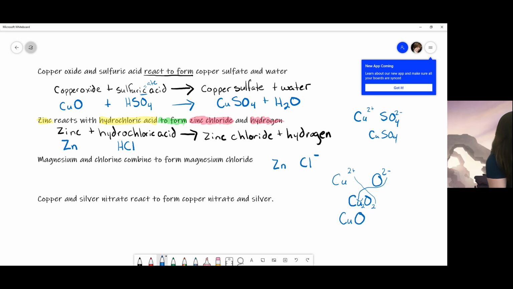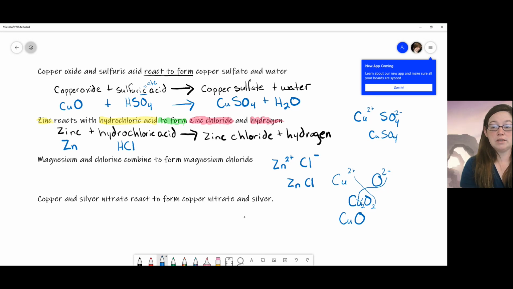According to my monatomic metal ion reference, which you can also find in the book, zinc only has a 2+ charge. That's one of the reasons why zinc doesn't have a Roman numeral. The other reason is these are just randomly generated. So Zn is 2+, chlorine is a 1-. This is where you'll see the crisscross come in handy.